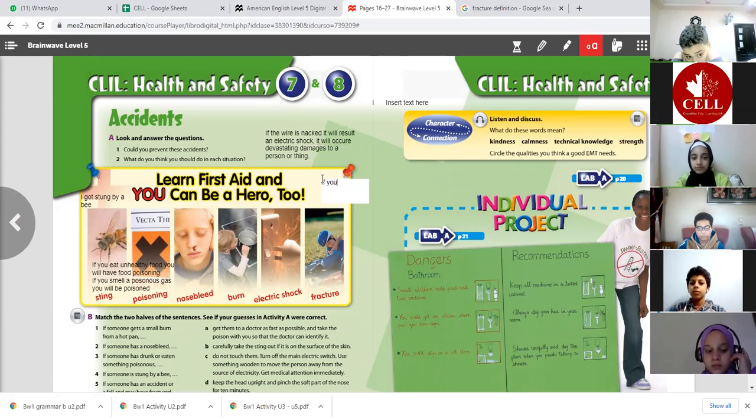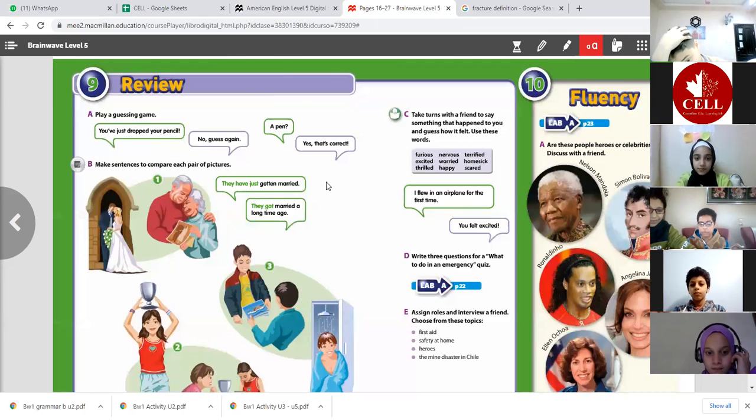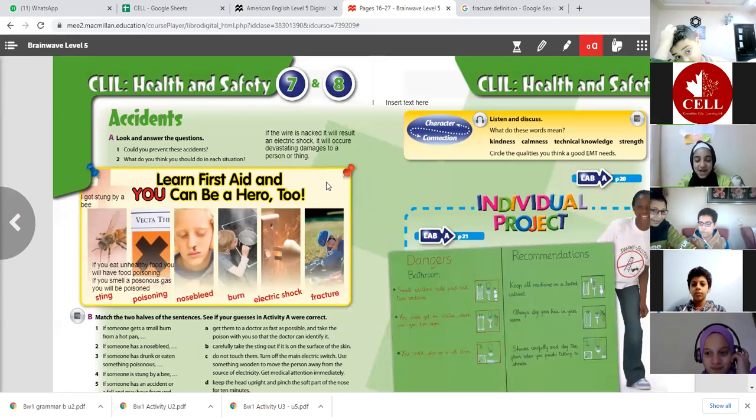If you don't get enough sun, it will result in low bone density. Sun means you're tired. Sorry. I want to go up. Why are you doing that to me? I can't edit it. Anyways, you got this. So if you don't get enough sun, it will result in low bone density.